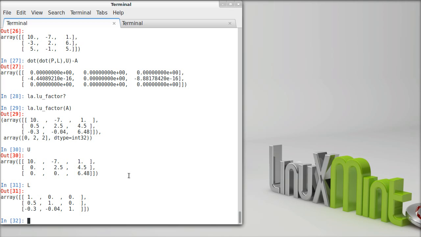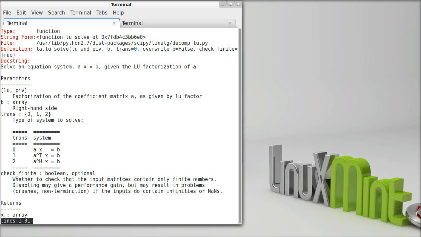We really don't have to worry about the details. We don't have to worry about them because what we want to do is use this for solving a system of equations. And so we can do that, AX equals B, given the LU factorization. So this has to have been done first, and it's passed in this thing called LU and PIV, and then there's B that we pass in.